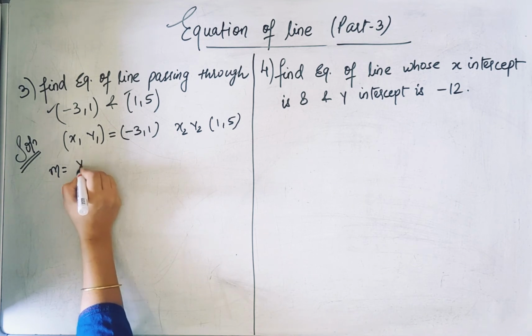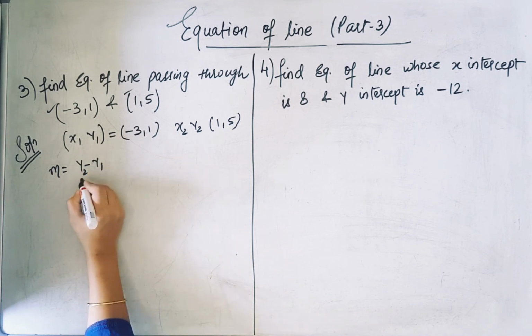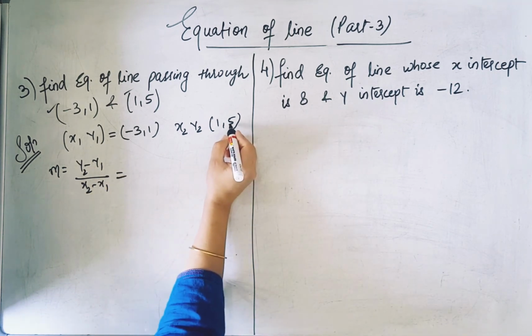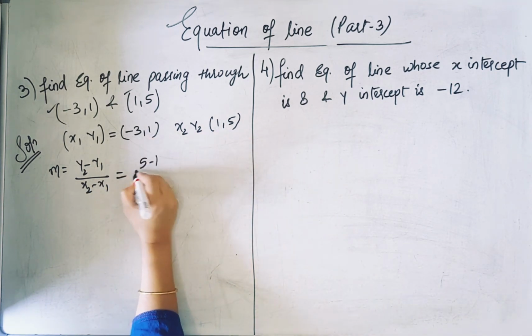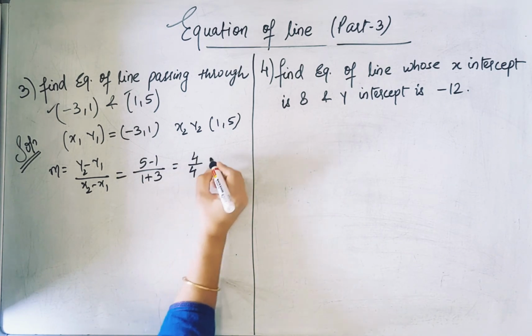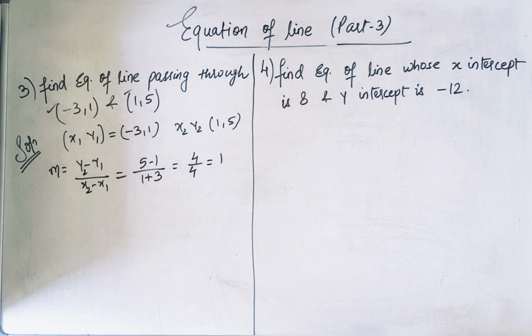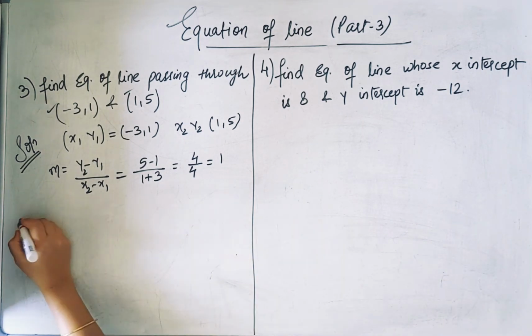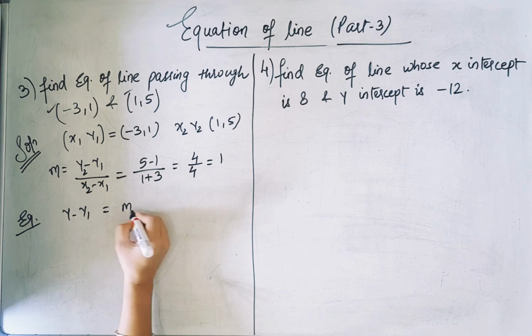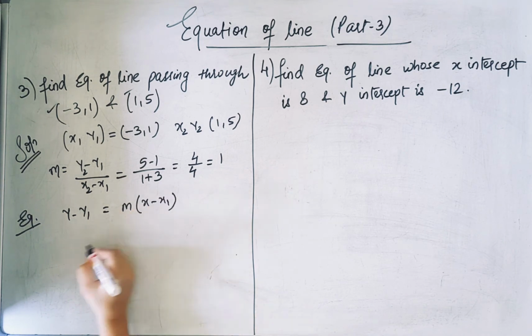The slope, that is y2 minus y1 upon x2 minus x1. y2 is 5 minus 1 upon 1 plus 3. So we'll get 4 by 4. Thus the slope is 1. Now the equation is y minus y1 equals m into x minus x1.